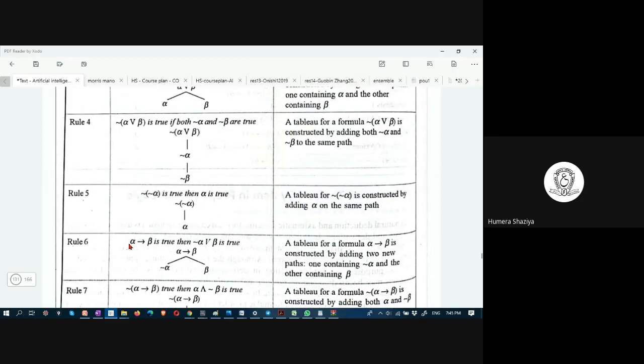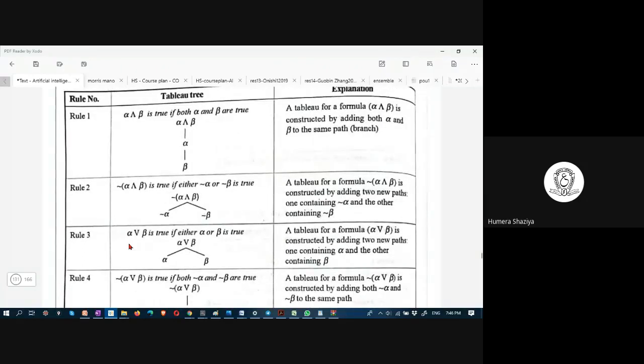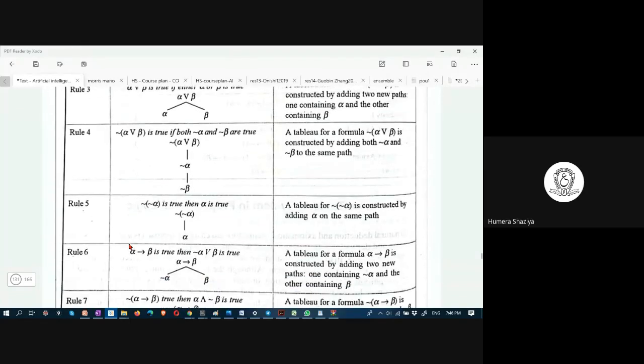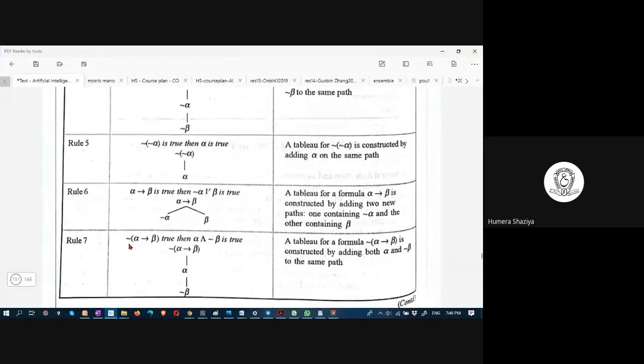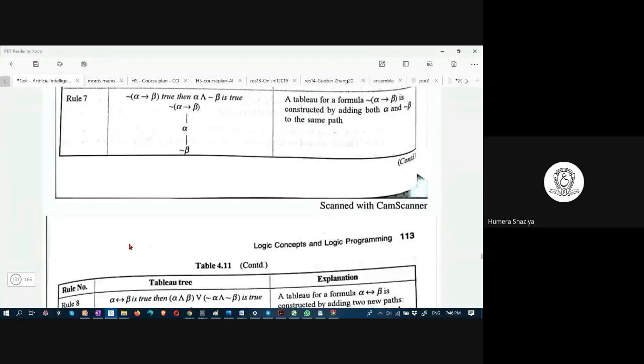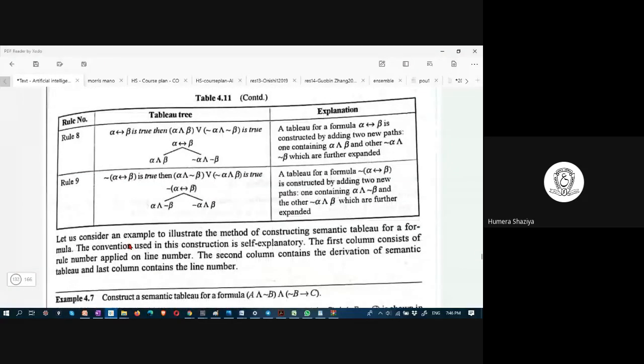Rule number 4 says not (alpha or beta) is true if both not alpha and not beta are true. Observe carefully that wherever it is and, when both are true, it is a single path. Wherever it is or, if any one is true, there are multiple paths. Here also single path, here also single path. Here multiple paths, here single path. Here multiple paths, here also multiple paths.